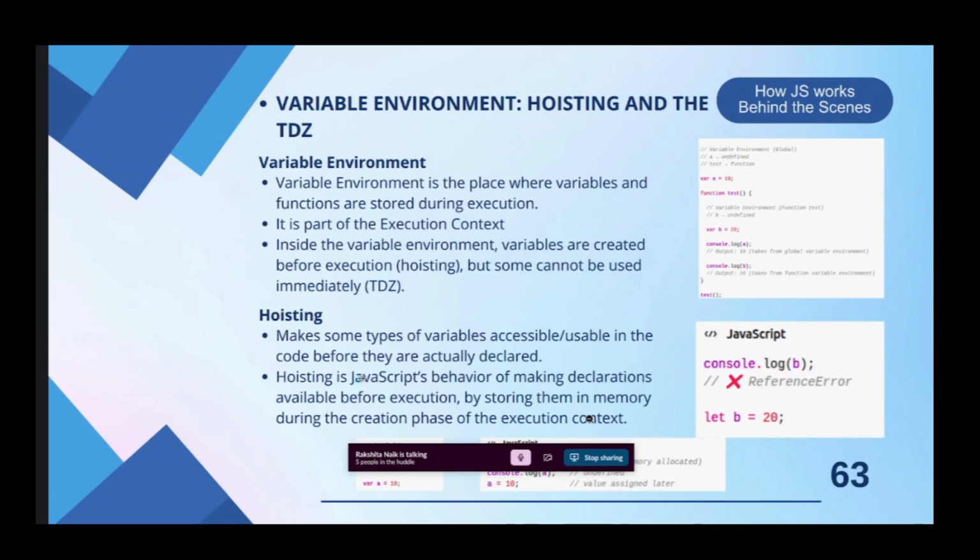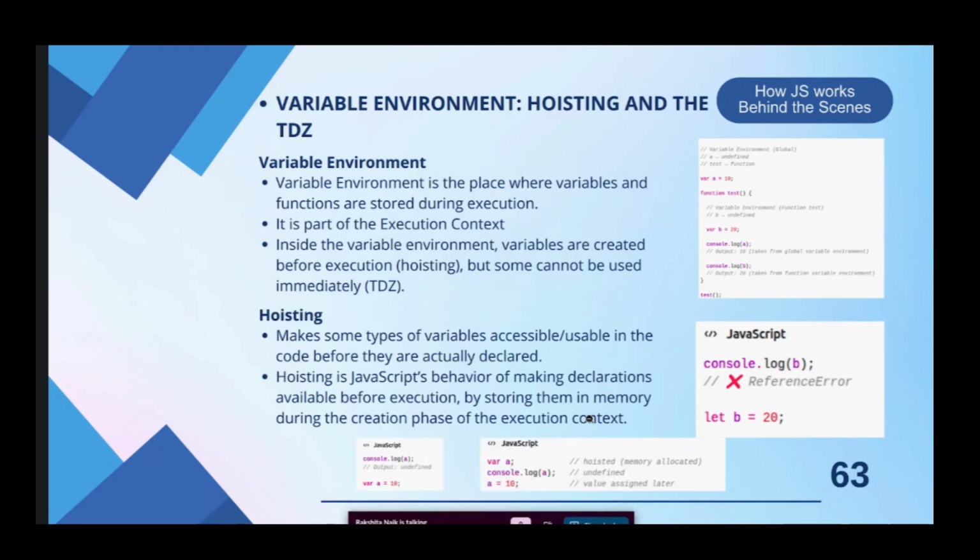Hoisting. As we previously discussed about hoisting, it is nothing but a variable being used before it is declared. It makes some types of variable accessible or usable in the code before they are actually declared.